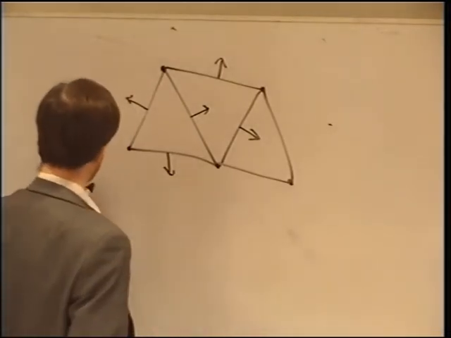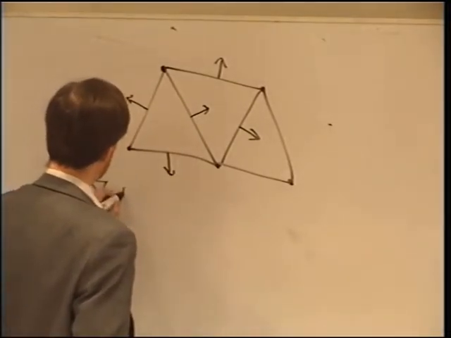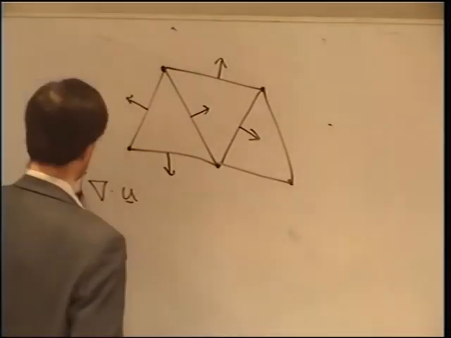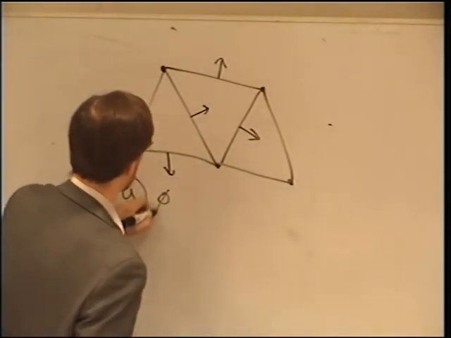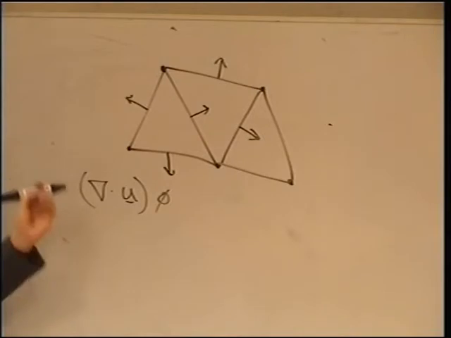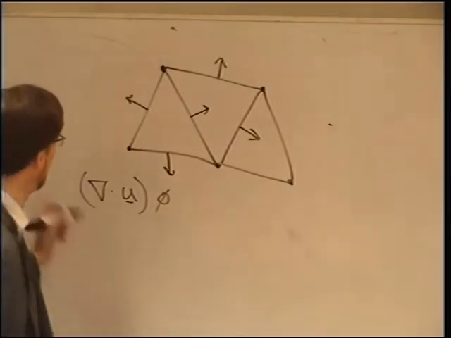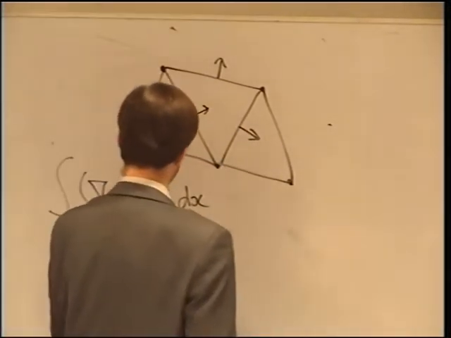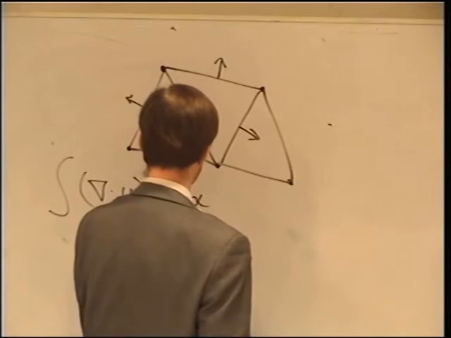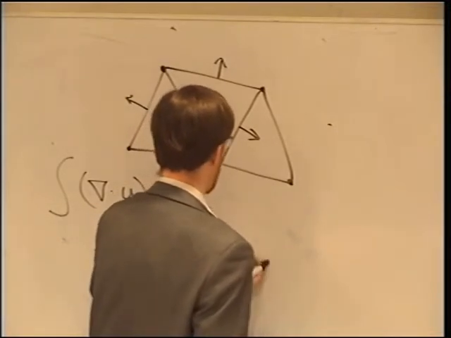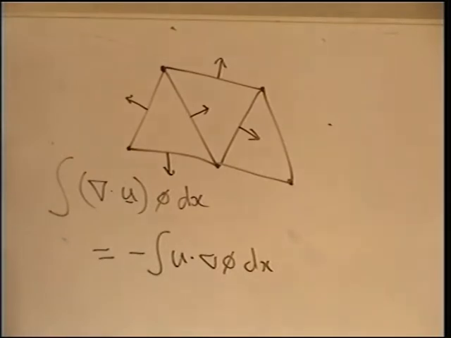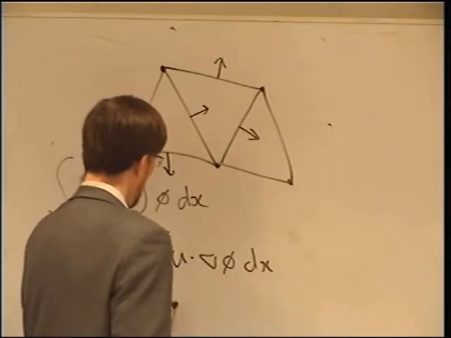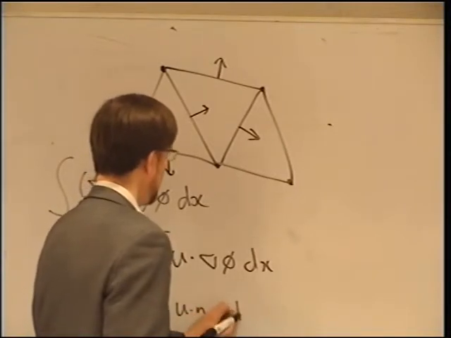So if I take not the gradient, but the divergence of my function, so this function is going to live in this space, and I multiply this by some test function which I'm going to make infinitely well behaved, so it's a completely smooth function, and I integrate this by parts, so that is equal to minus the integral of u dot grad phi dx, and so that's fine because that's infinitely differentiable, so that's allowed, plus the boundary integral of u dot n times phi dx.